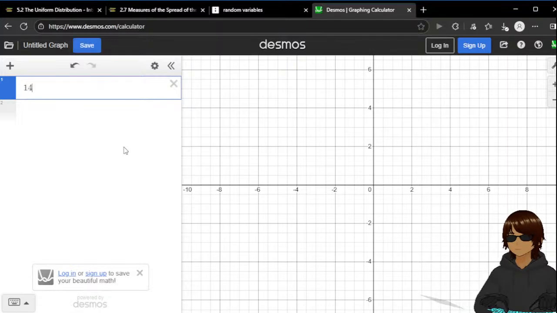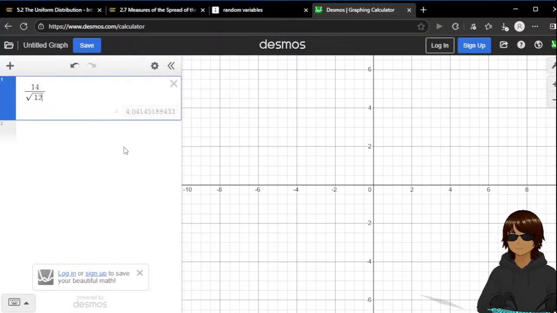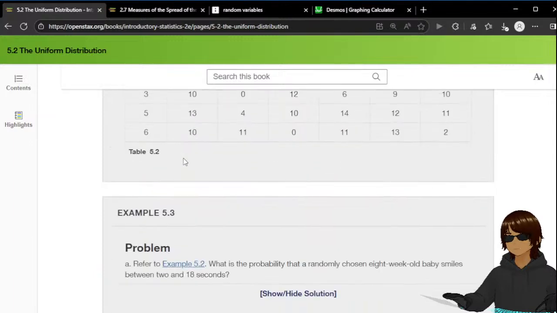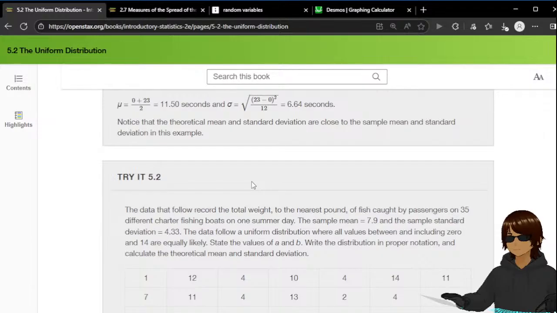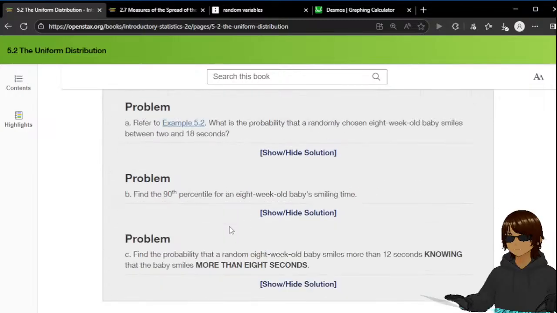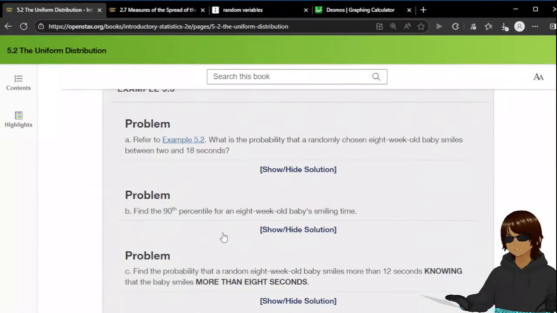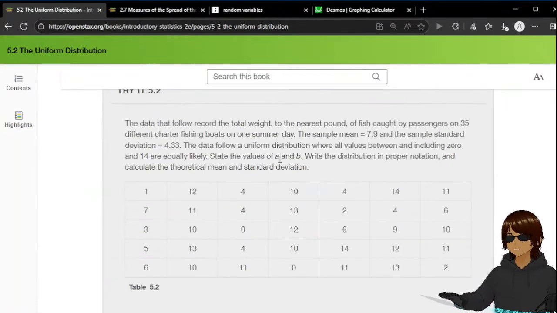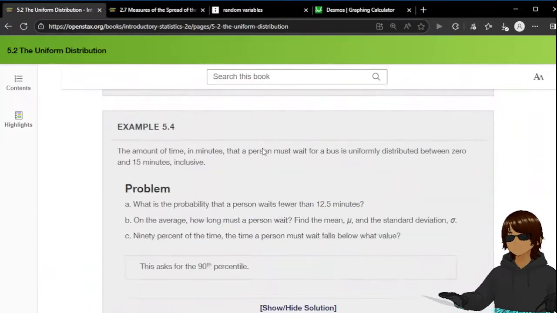So it's just 14 over root 12, right? 4.04. They said example 5.2, it's referring to this example. So, anyways, I think the answer for this is 4.04. I hope I'm right.